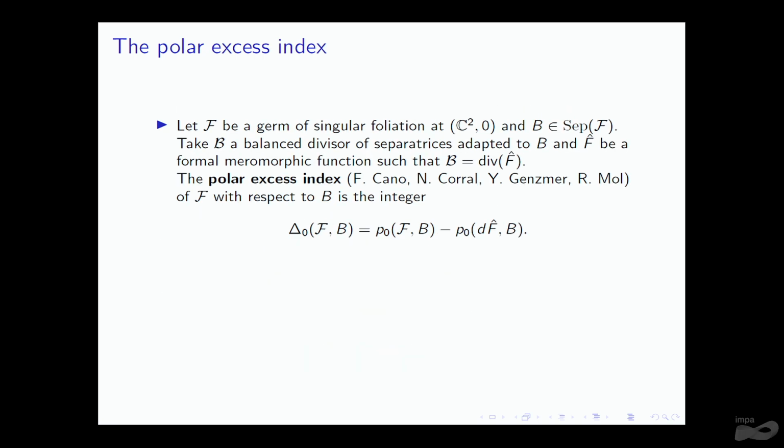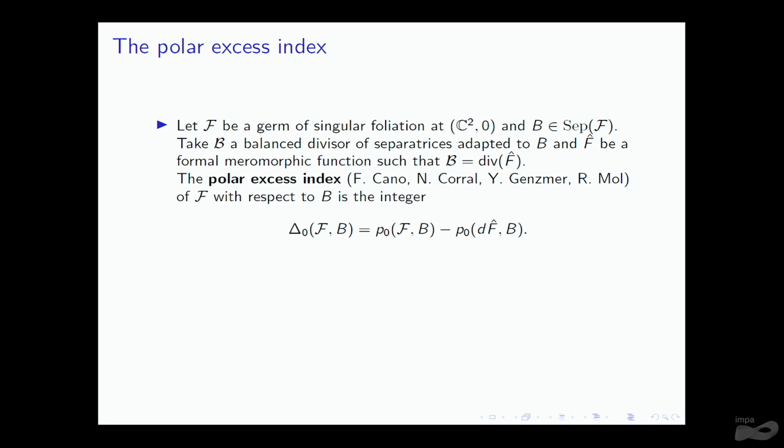So now, another index, the polar excess index, this delta index. I do the following. I have a germ of foliation and a balanced divisor of separatrices. Here I have a separatrix B, so I get a balanced divisor which is adapted to B. B is contained in the support of the zero divisor of B. And I get here a formal meromorphic function whose divisor is B. It's a formal equation for the balanced divisor B. The polar excess index with respect to B is the integer obtained as follows.